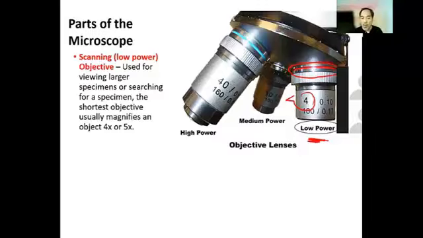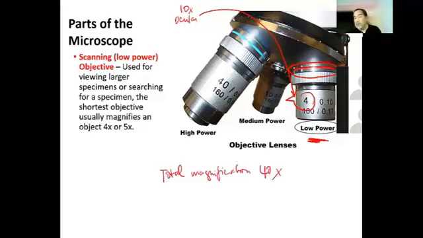You multiply the 10x of the ocular lens by the objective lens, which is 4x. So the total magnification with the scanning objective is 40x. That means whatever you see on the slide with the naked eye, in a microscope with this setup, you're looking at a specimen 40 times its size.